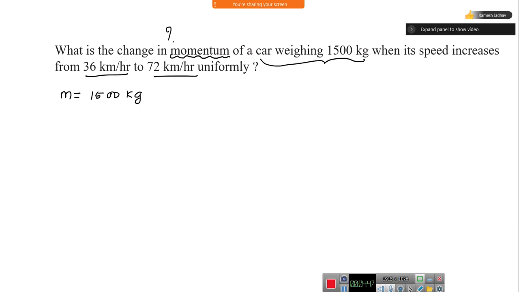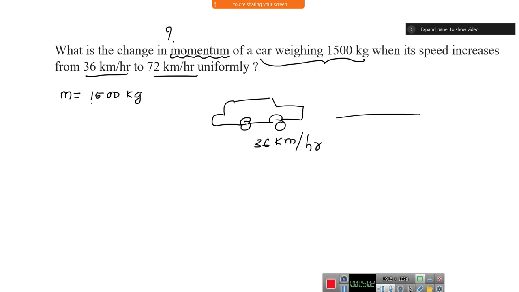So m is 1500 kg, and what I was telling is a car which is already moving at 36 km per hour, and it changes its speed to 72 kilometer per hour.